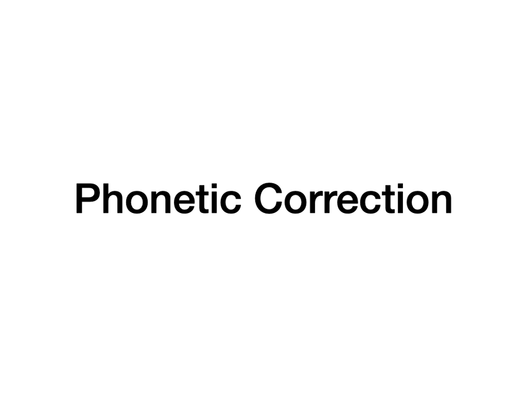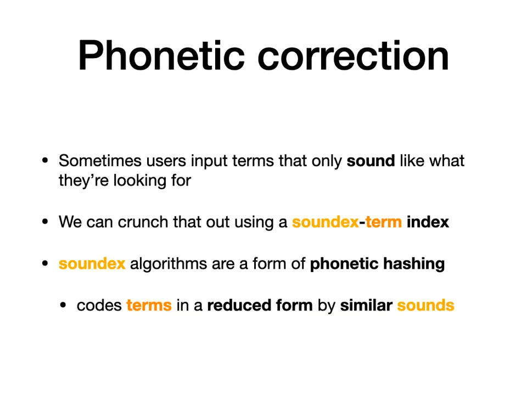So sometimes a user has only really ever heard a word, right? How often does that happen to you? I've only ever heard a term, I go to type it, and then my friend looking over my shoulder is like, God, what are you doing? So what we can do to help correct these kinds of errors is we can build something called a Soundex term index.